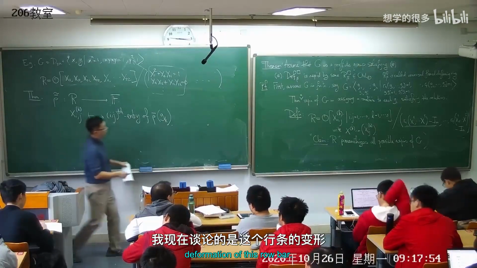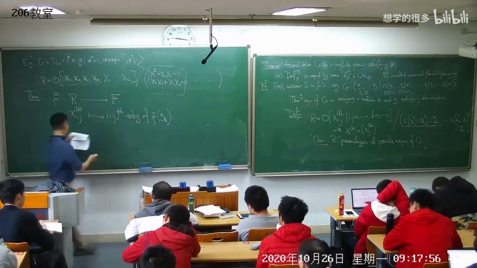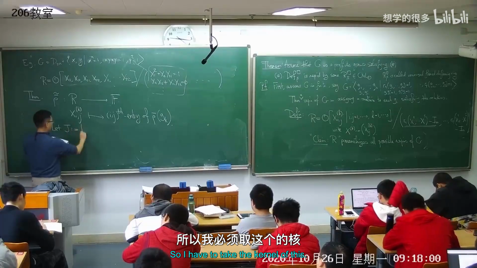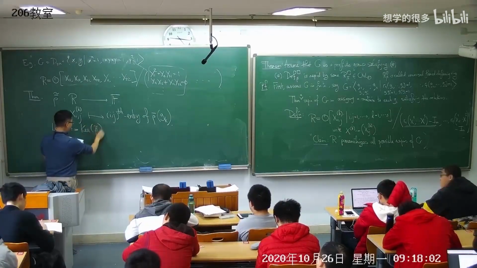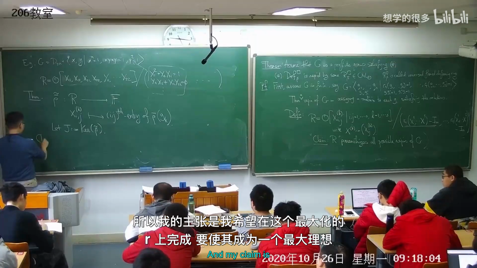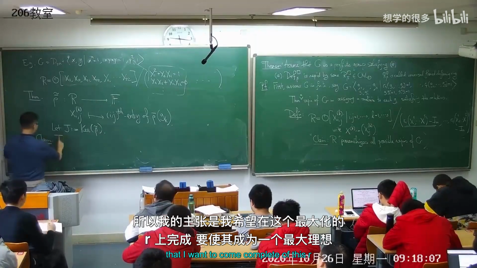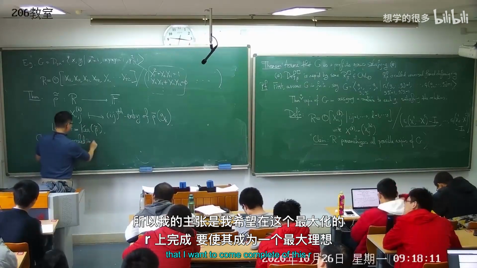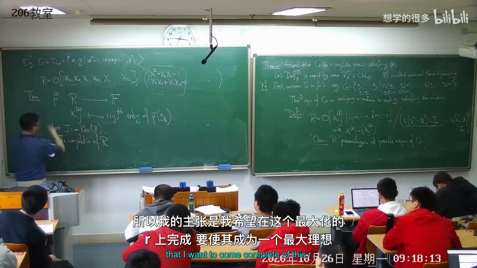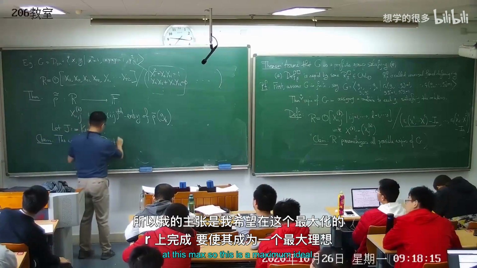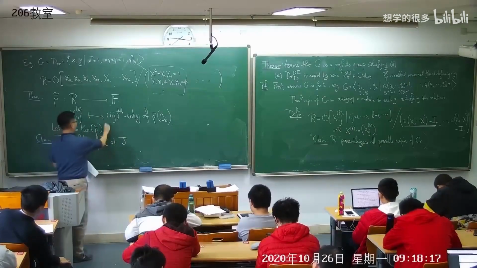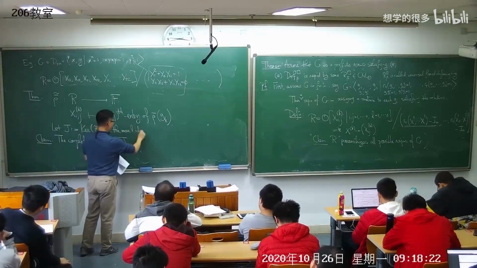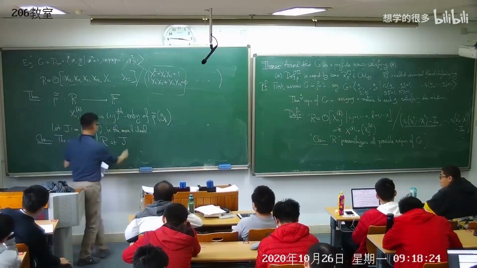But now I'm talking about deformation of this rho bar. So I have to take the kernel of this. And my claim is that I want to complete R at this maximal ideal. So this is the maximal ideal.